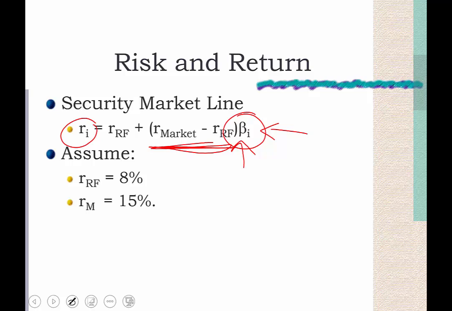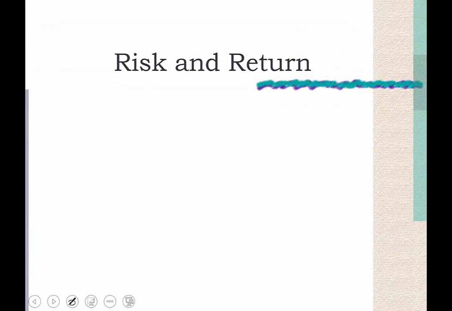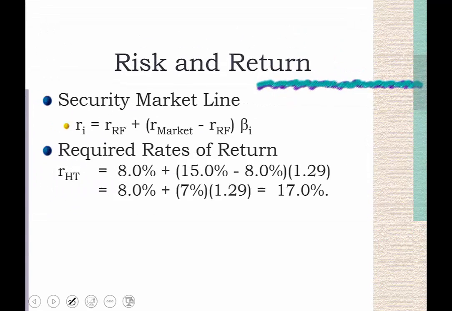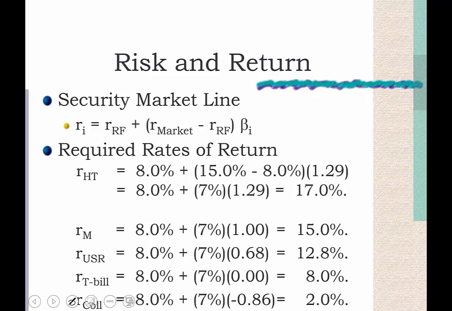So if we assume the risk-free rate is 8%, just because the T-bill rate was 8% in the example before, it's kind of crazy because that's pretty high. And then the return on the market is 15%. Again, that's high. But we could estimate the required rates of return of all those securities that we looked at by looking at the SML. So the required rate of return on high tech.